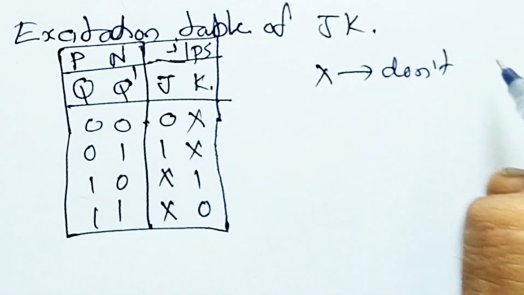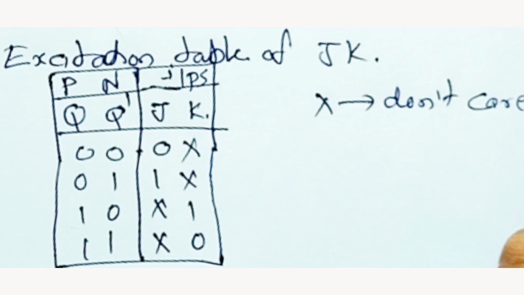The first combination is 0 0, that is if the present state is 0 and next state is 0, what will be the JK input combination? It will be 0x, and if present bit is 0 and the next bit is 1, it will be 1x, and if it is 1 and 0 respectively for present and next state, it will be x1, and if it is 1 1, then it will be x0, and here x represents the don't care.